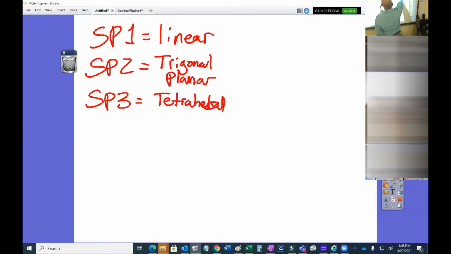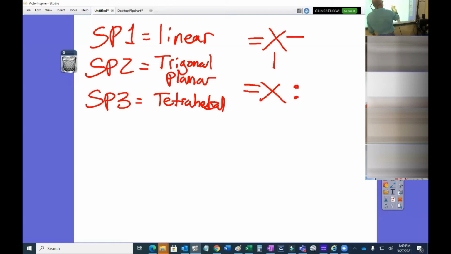So let's look at another one. We have X with a double bond and a single bond and a single bond, or if we have X with a double bond, a pair of electrons unbonded, and a single bond, or maybe we have X with a pair of electrons and a double bond.